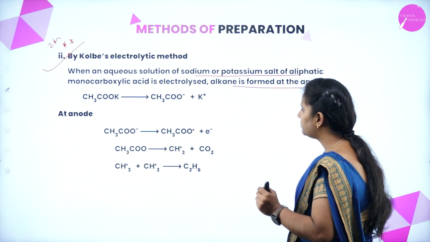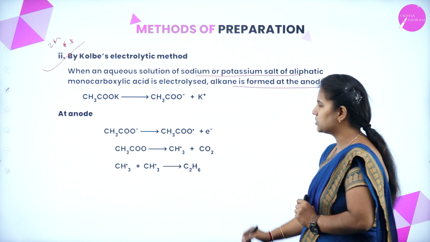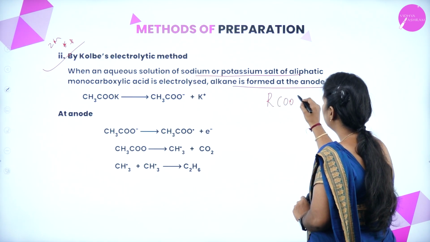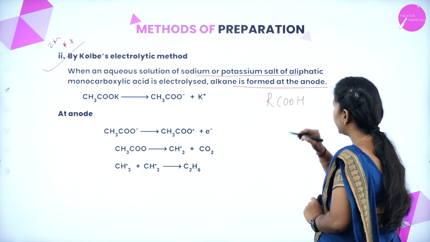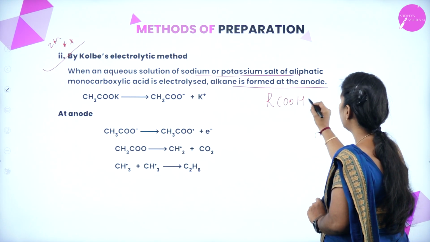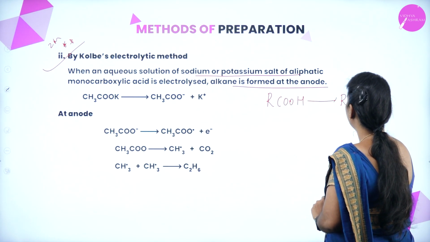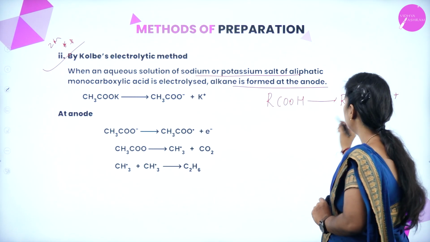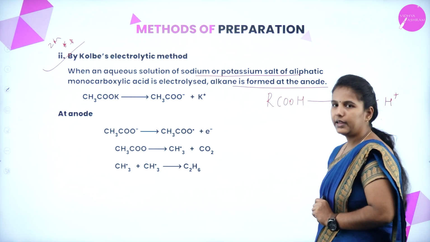We know that if you take the sodium salts, first I'll write the general reaction for the carboxylic acid, that is RCOOH. During the electrolysis, what does it form? It forms an anion along with a cation. Is it right? This is my anion, this is my cation.